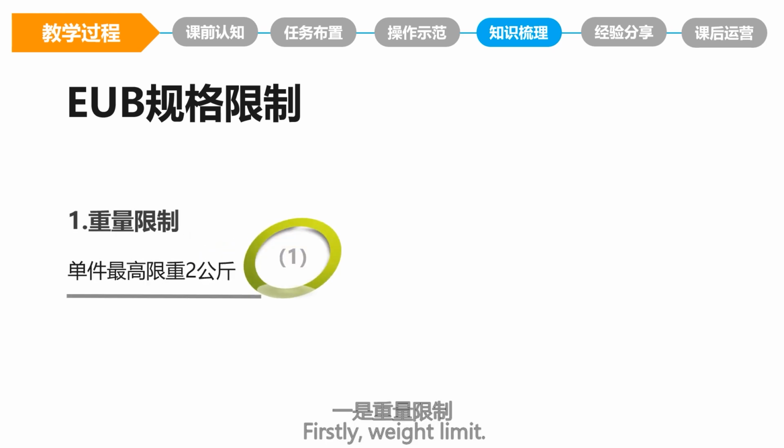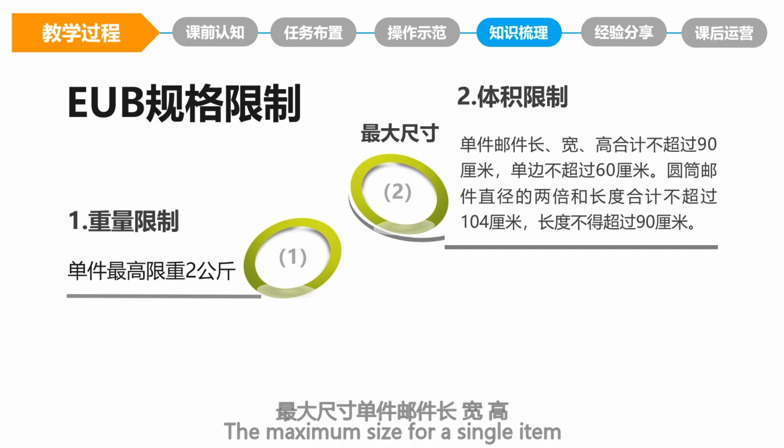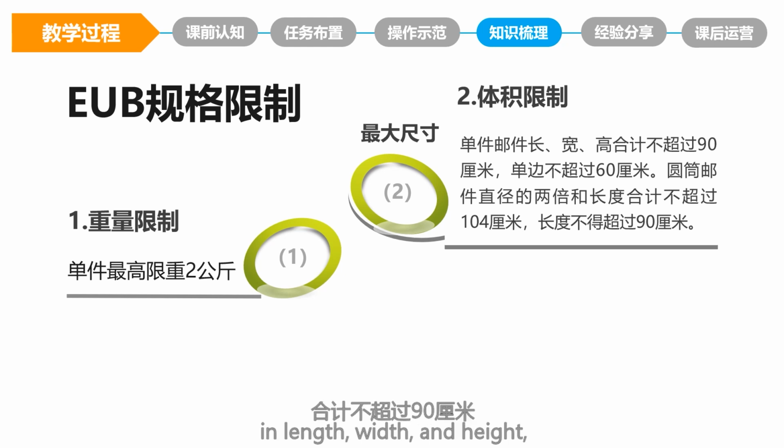Firstly, weight limit. The maximum weight for a single item is 2 kilograms. Secondly, size limit. The maximum size for a single item is a total of 90 centimeters in length, width, and height, with no side exceeding 60 centimeters.